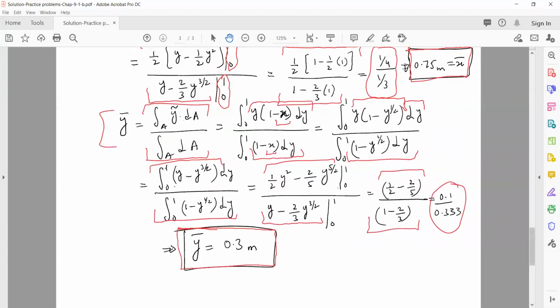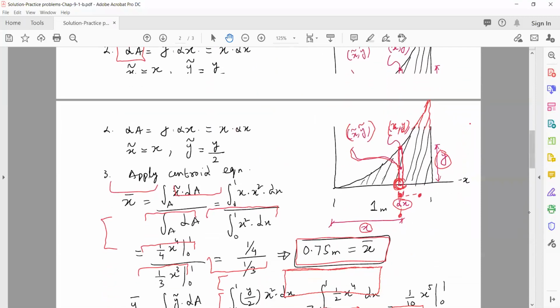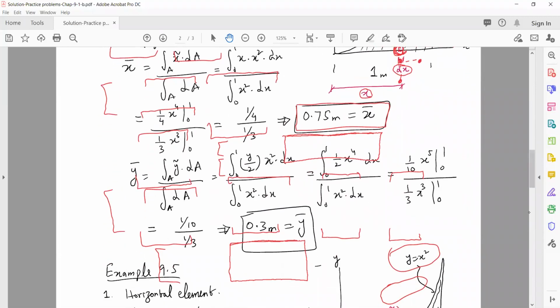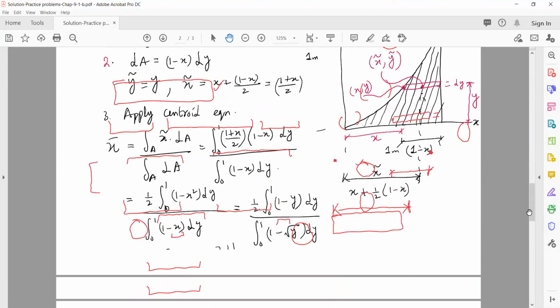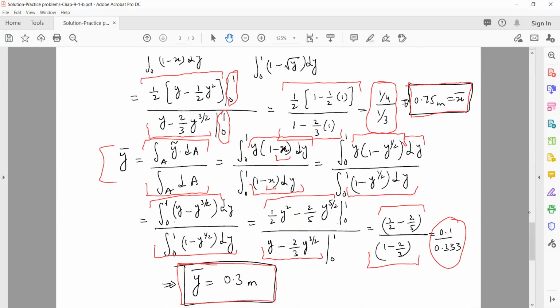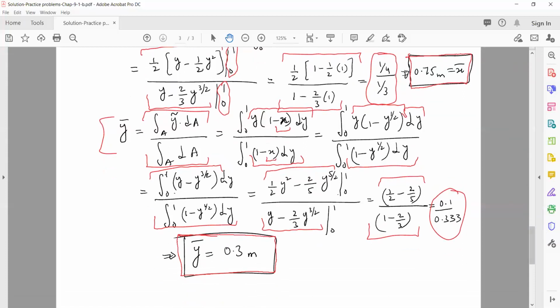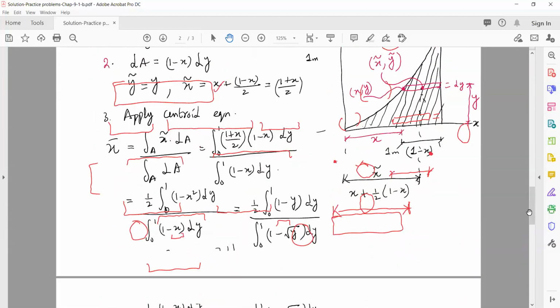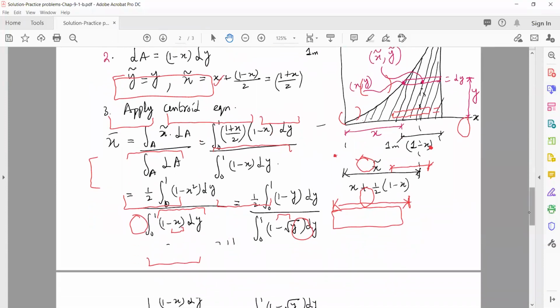Now let's come back and see what we got in the last problem with the vertical element. We got y bar as 0.3 meters, which means we have done it correctly. We got y bar as 0.3 meters and x bar as 0.75 meters. So this x bar, y bar is the centroid of the area.